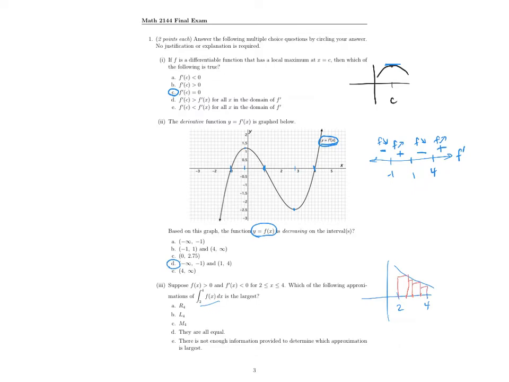So it would be like this, and the rectangles would be under the graph. The left-hand sum would be taking these approximations from the left side, so you'd have rectangles that were over the graph. And the midpoint sum would take these measurements from the middle. So we can see that for the left-hand sum, the rectangles are going to be the tallest, so that's going to be the largest approximation there.